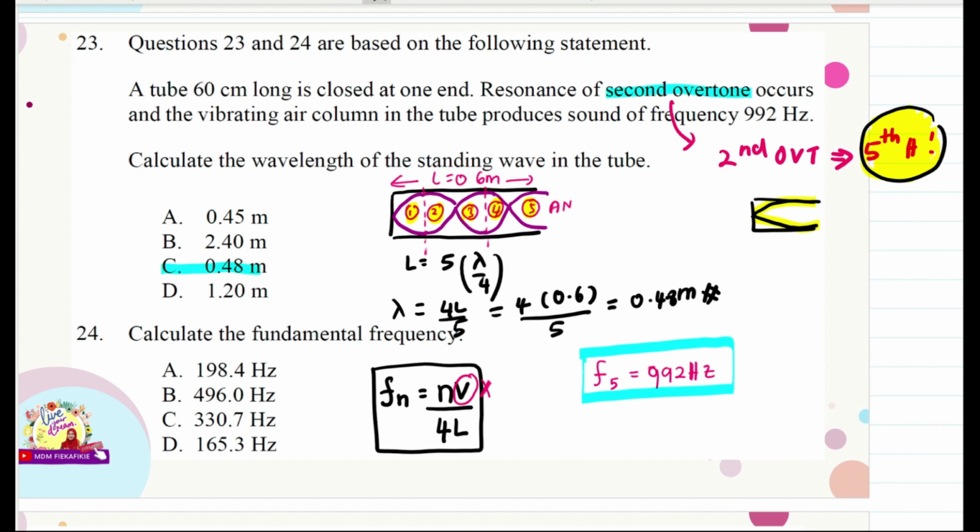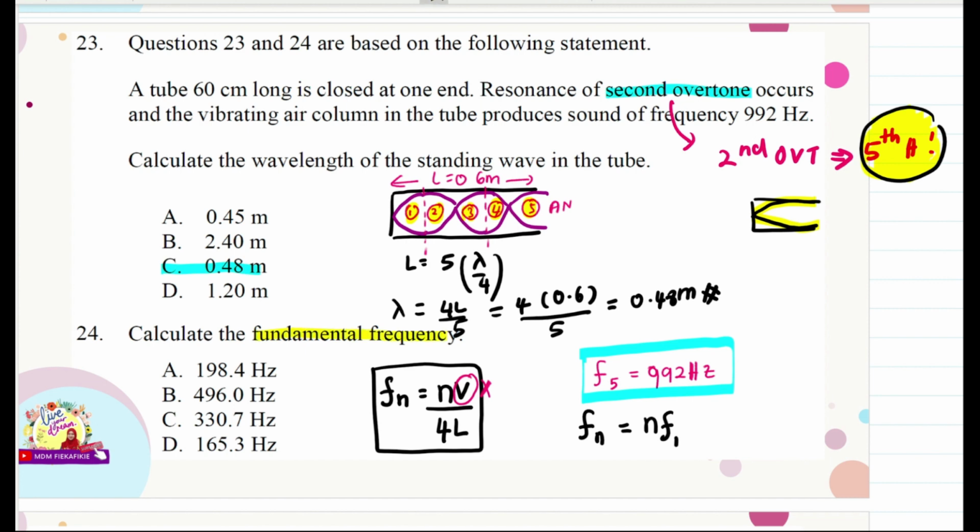So means that the frequency given, produce sound of frequency 992 Hz, which is at fifth harmonics. Okay. So daripada maklumat ini, awak mesti tahu relationship. Ingat tak formula ini? Fn is equal to n F1, where F1 is the fundamental frequency.